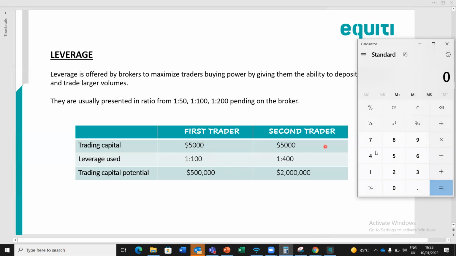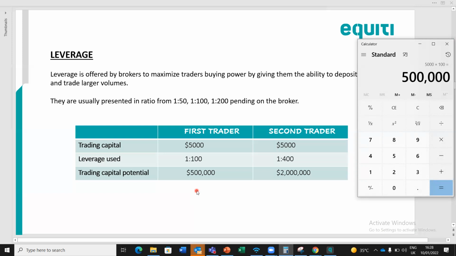And so $5,000 will be 5,000 multiplied by what? 100, right? Now that gives us $500,000, which this first trader has. So in total, his $5,000 gives him, because of the leverage of 1 is to 100, a purchasing capacity of $500,000. It simply means that whatever $500,000 could trade in the global financial market, this first trader will be capable of trading.